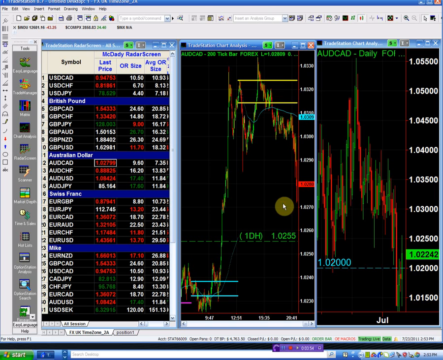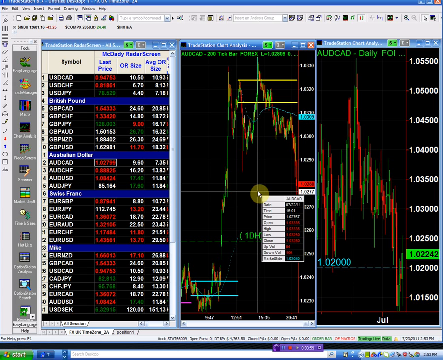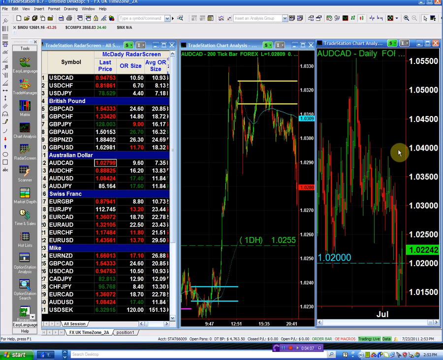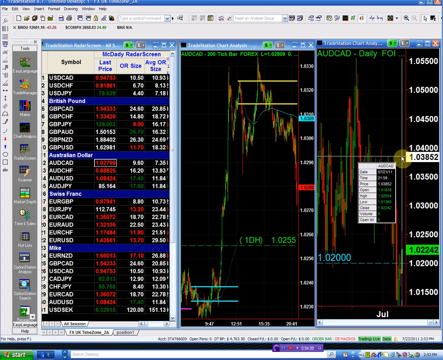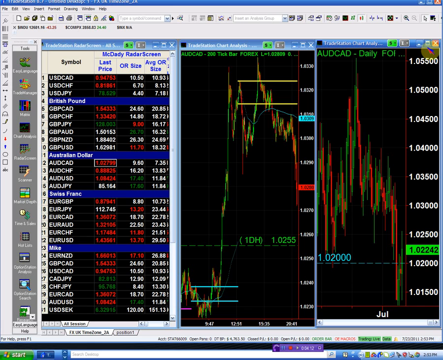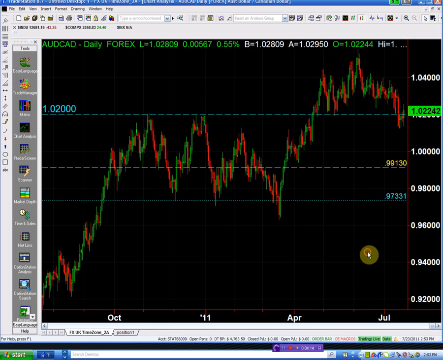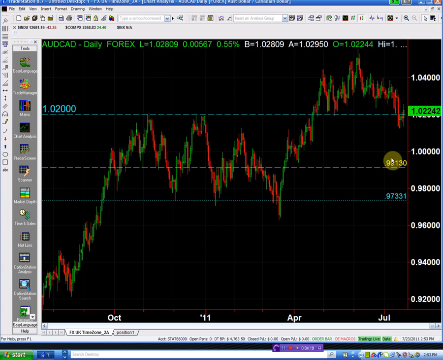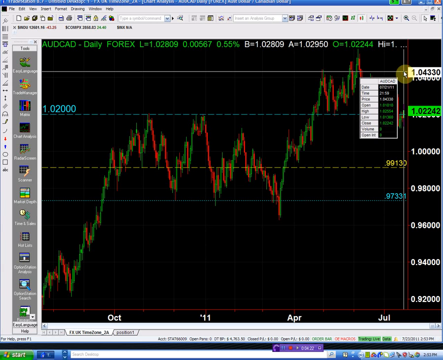There's something wrong with this data here, because this shows that the high of the day is 103.33, and on this chart it's showing that the high of the day is 102.55. So it seems on the daily, for some reason, I am missing a price bar. Yeah, this is July the 21st, so it's missing July the 22nd on the daily chart.